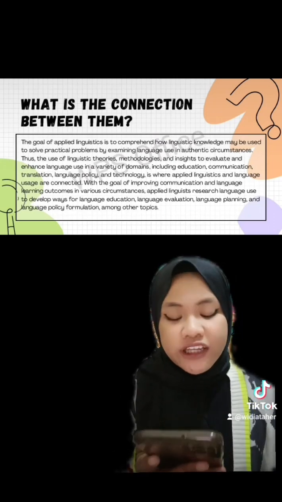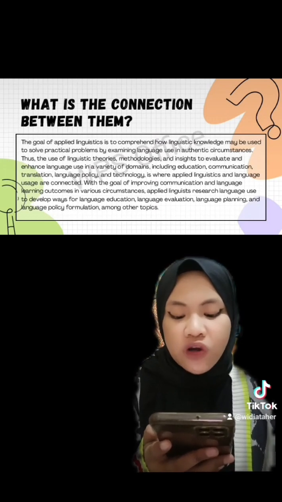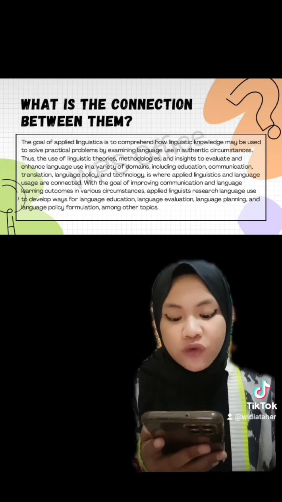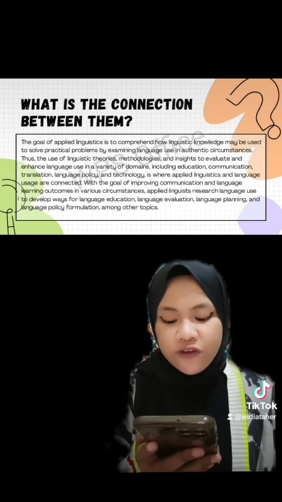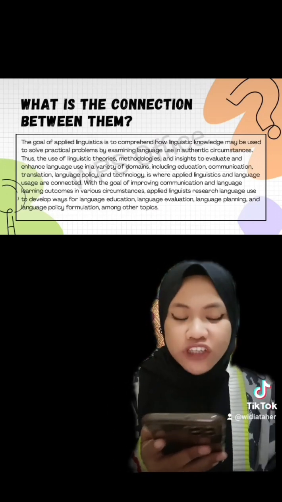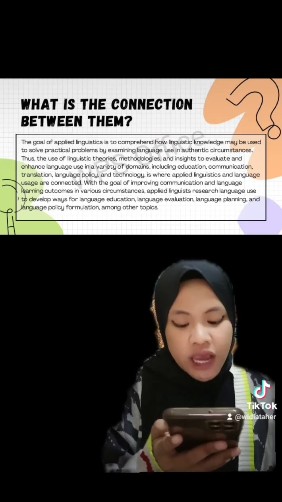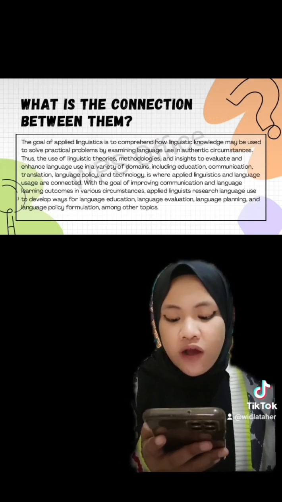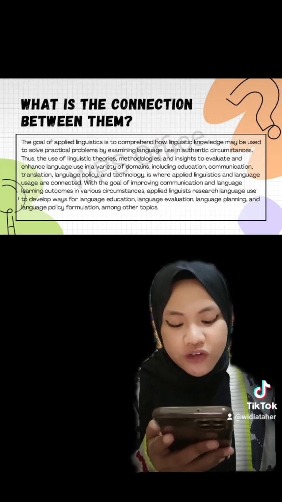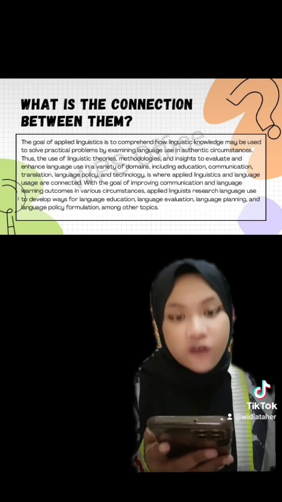Then, applied linguistics aims to apply linguistic knowledge to real-world situations, evaluating and improving language use in fields like education, communication, translation, policy, and technology. It influences research in methods for language education, evaluation, planning, and policy formulation.